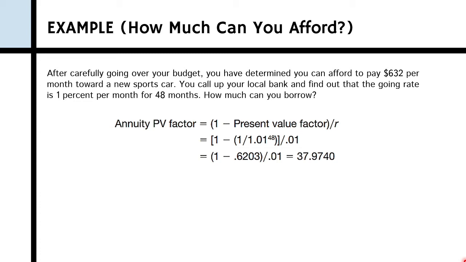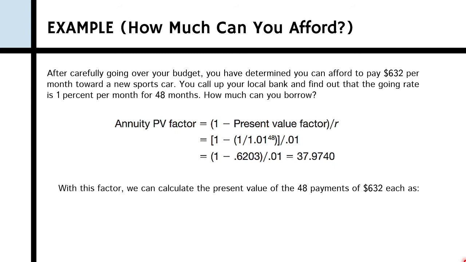So now we have a PV factor. We can now compute the present value of 48 payments of $632 each. PV equals $632 times the PV factor of 37.9740, and we will get a total answer of $24,000. Therefore, $24,000 is what you can afford to borrow and repay.